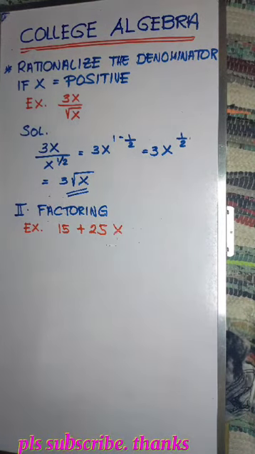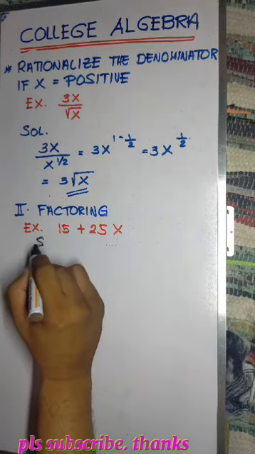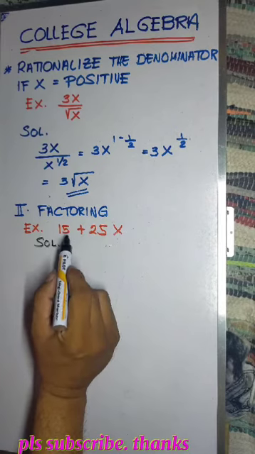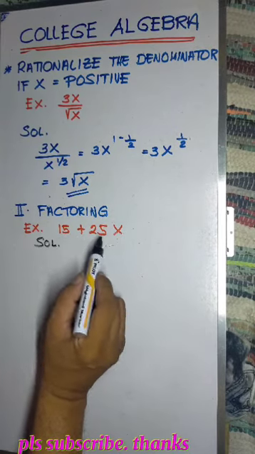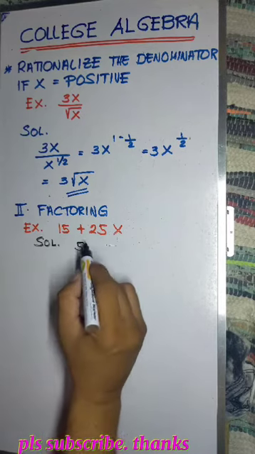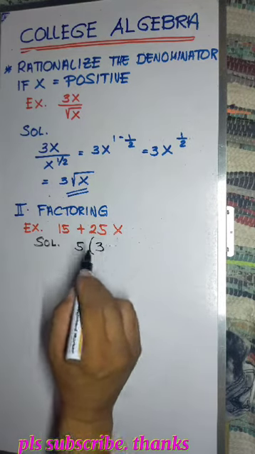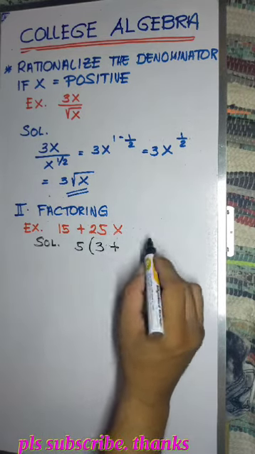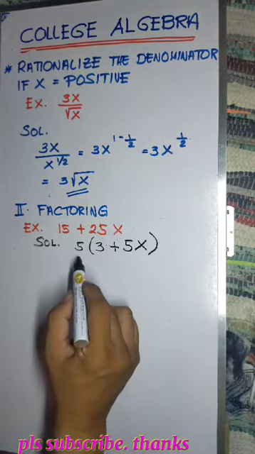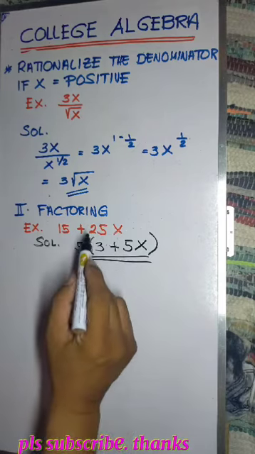So the solution will be, first we get the greatest common factor of these two. So that will be 5. So 15 divided by 5, that will become 3. 25x divided by 5, 5x. So this is the factored version of this.